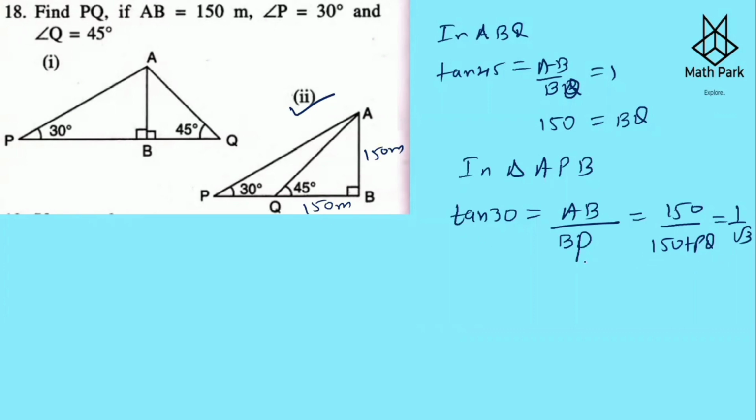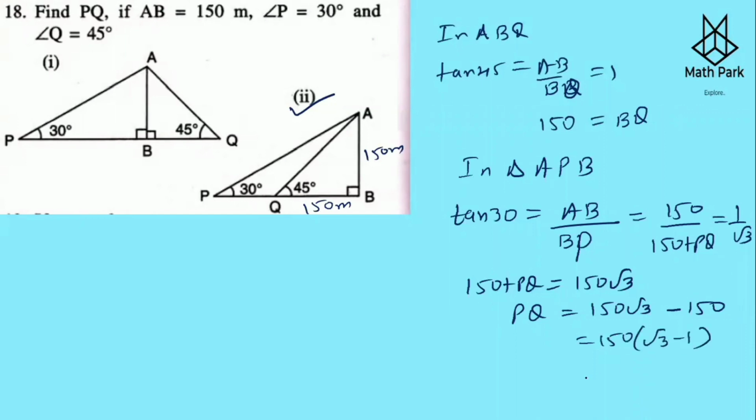So 150 plus PQ is equal to 150 root 3. So PQ is equal to 150 root 3 minus 150. Taking 150 common, you get root 3 minus 1. So 150 into (1.732 - 1), which is 150 multiplied by 0.732, is your PQ.